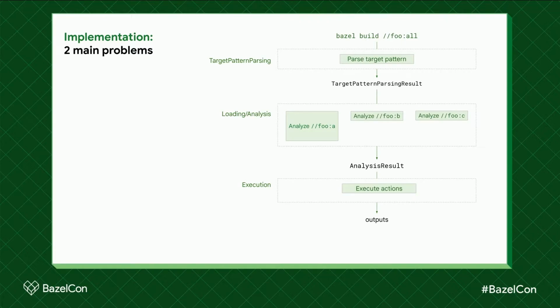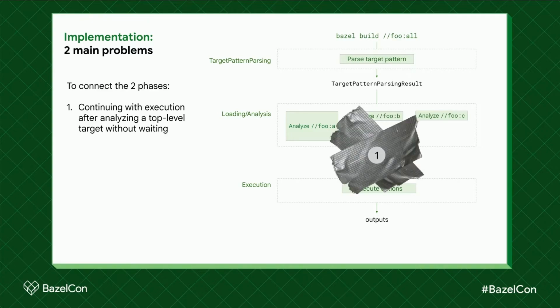Now, for this part, we are gonna go deep into the technical side of Bazel. And yeah, this is the familiar diagram that we saw just now, all the phases of Bazel. And to merge the analysis and execution phases, we need to solve two main problems here. One is to continue with execution after having analyzed a top-level target without waiting for the other.